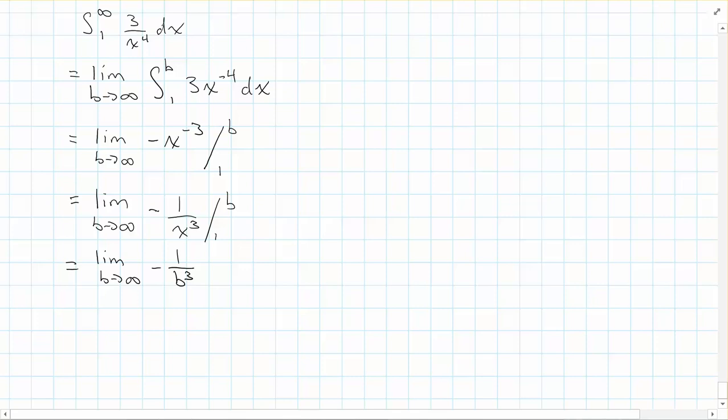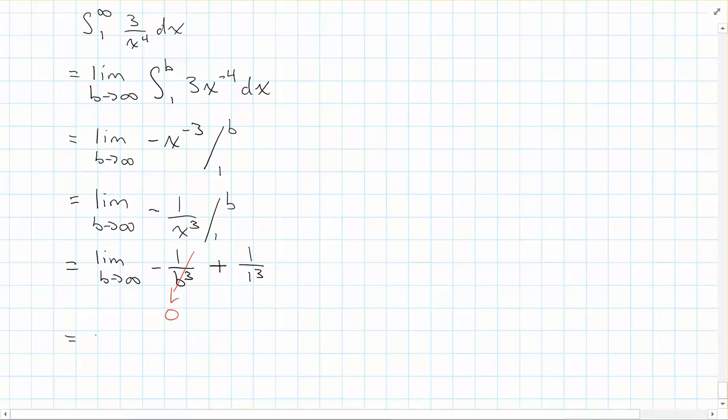Negative 1 over b cubed, and because it's minus a negative, it'd be a plus 1 over 1 cubed, which of course, as b goes off to infinity, the first term goes to 0.